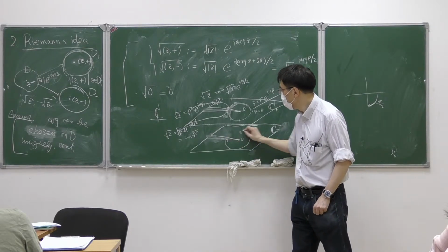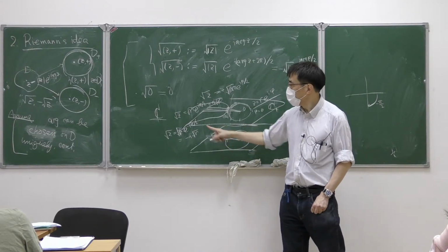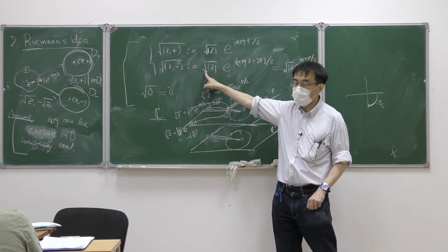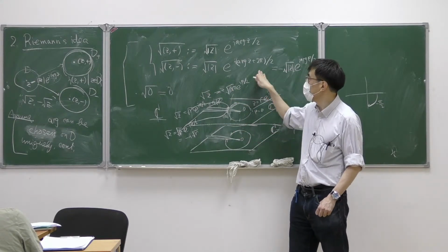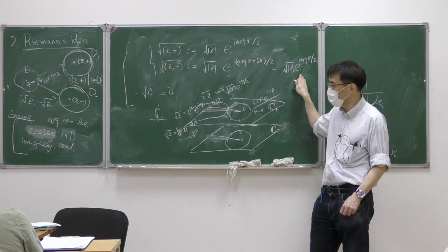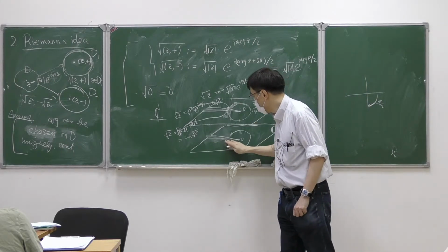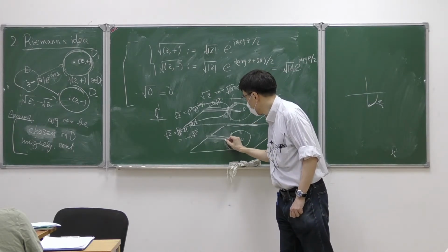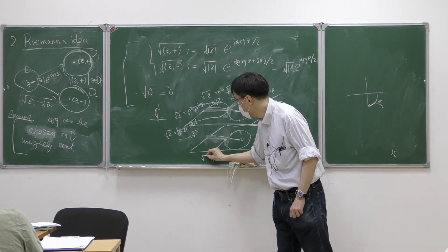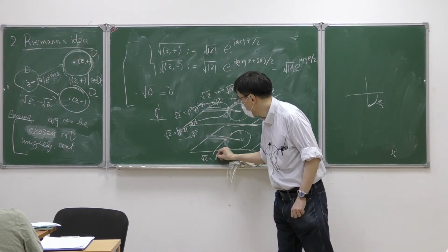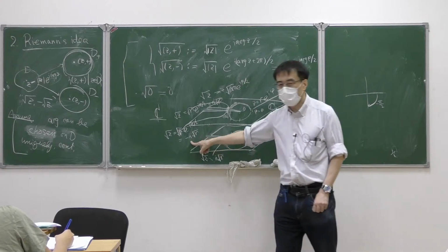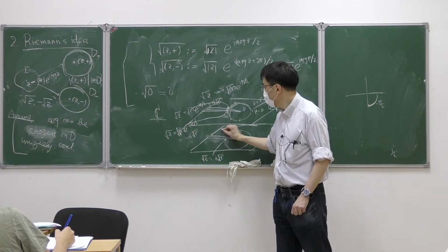Here, since on this sheet we are using this definition, correspondingly here we have minus of this.